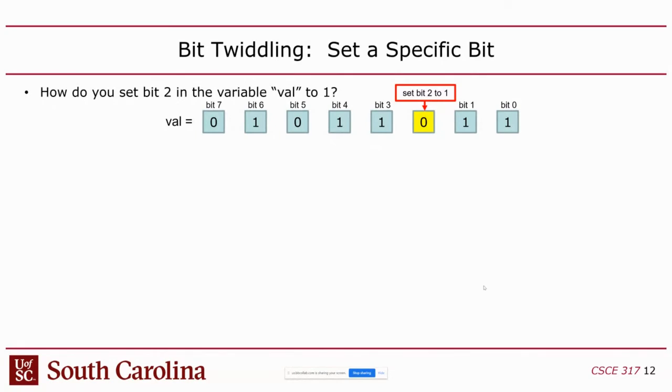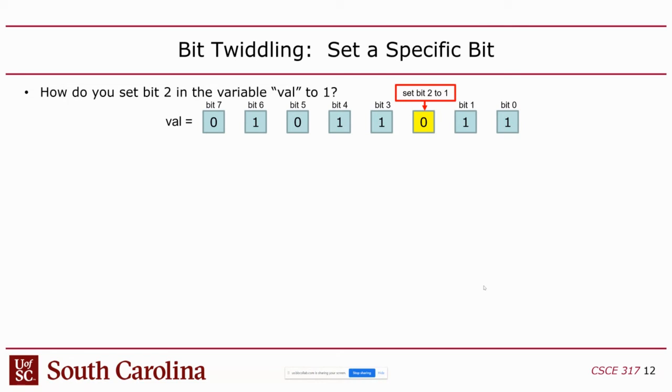So we've got bit 0 up to bit 7. And let's say we want to set bit 2 to the value 1. Currently in val, that bit is 0. But I want to set it to 1, but I don't want to change any of the other bits in there. I just want to change that 1 bit.